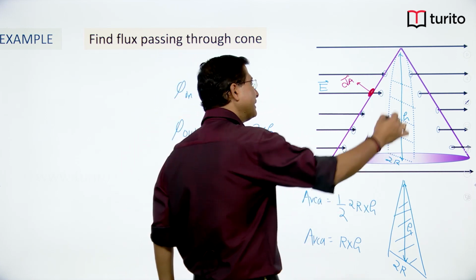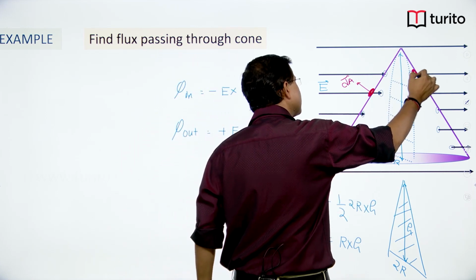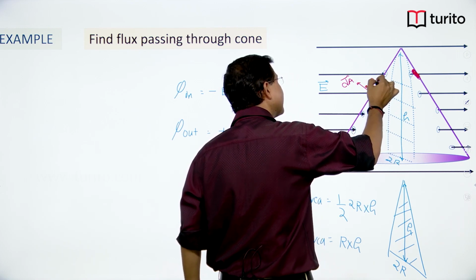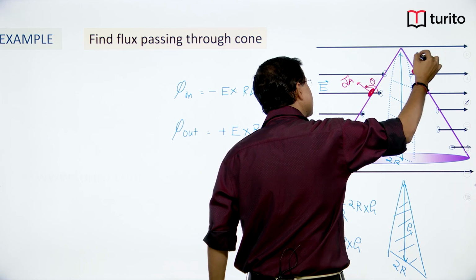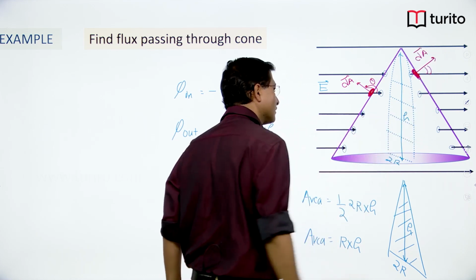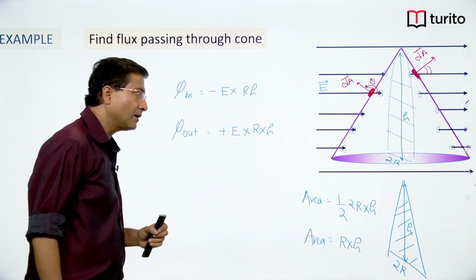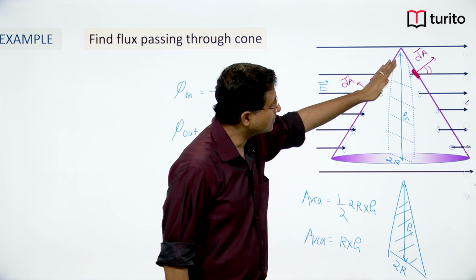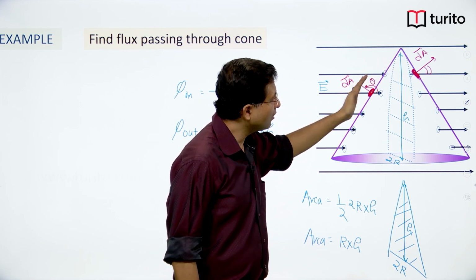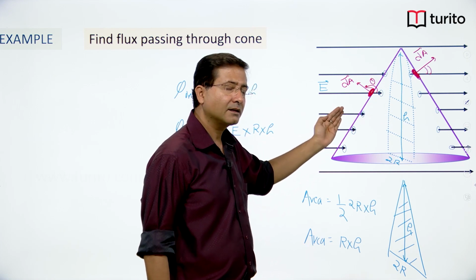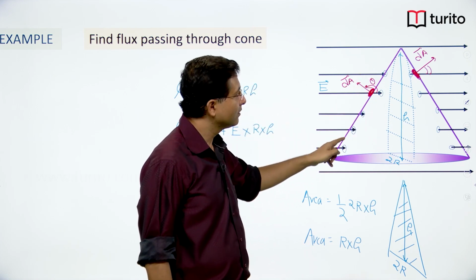But if I take area somewhere here, then you can see here the area vector is making greater than 90 degree angle, right, and here you can see that the area vector is making less than 90 degree angle. So the dot product, cos theta, for all these small elements and field combination is coming greater than 90 degree, negative.